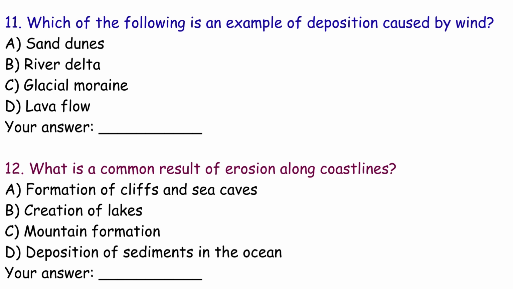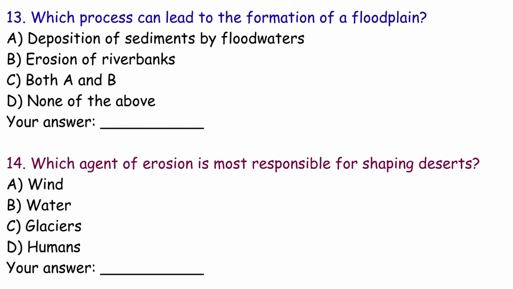Your answer. 13. Which process can lead to the formation of a floodplain? A. Deposition of sediments by floodwaters. B. Erosion of riverbanks. C. Both A and B. D. None of the above. Your answer.